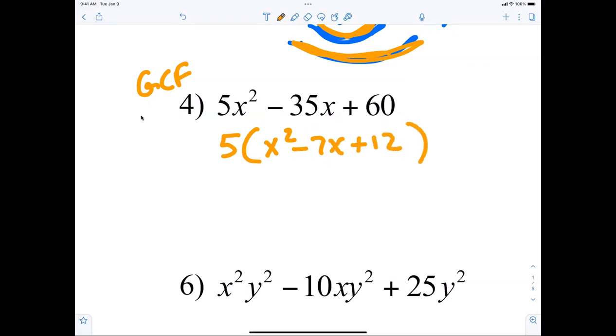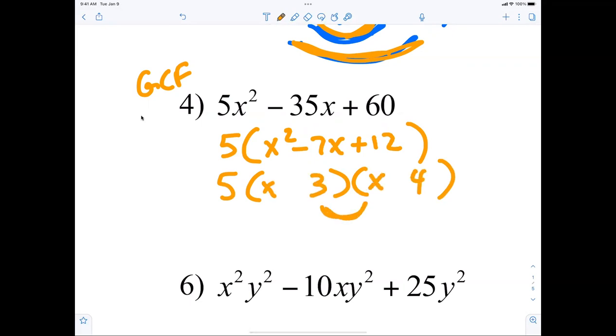That's exactly right. Now, you're asking yourself, what are the factors of 12 that make 7? 3 and 4. So you put a 3 and a 4 down. 3x and 4x makes negative 7x if they are both what? If they're both negative.